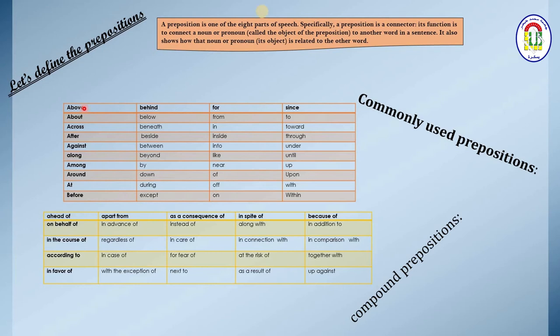And we also have since. It is used as a subordinating conjunction to talk about time, and since can also be followed by a noun phrase, mainly time. But here is the difference between for and since: for talks about the duration, while since talks about a certain point in time.